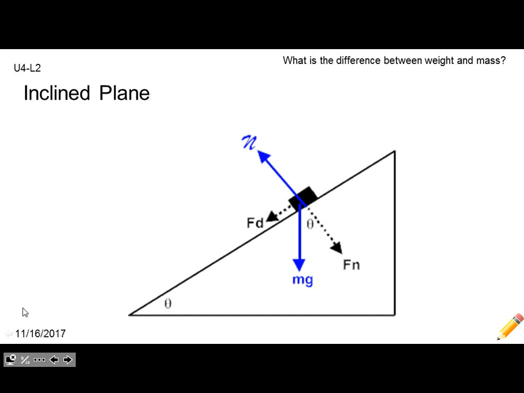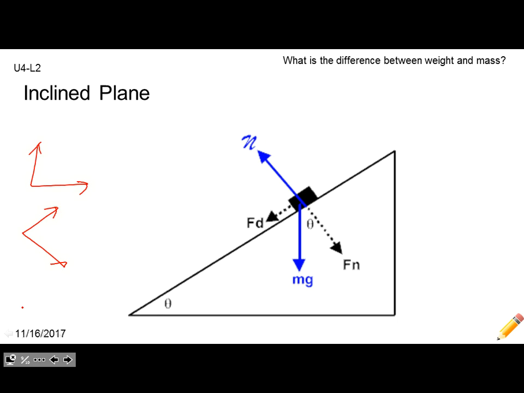We can decide to draw a free body diagram any way that we want. And by that I mean, we can choose to put the coordinate system pointed in any direction that will make the problem easier. That's a cool thing that you can do. It's also really hard to see why that might be useful.